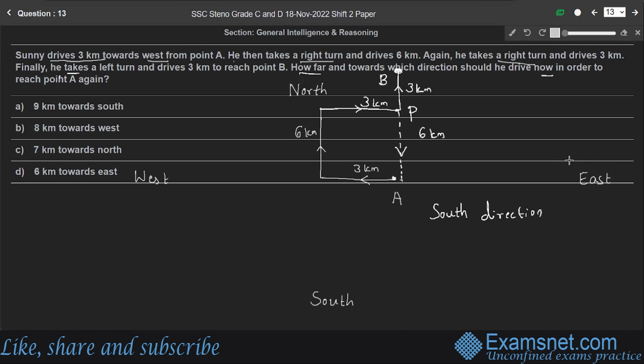From P to B, it is 3 kilometers. Therefore, B to A distance will be 3 plus 6 kilometers, which is 9 kilometers. Therefore, he has to drive 9 kilometers towards south. So option A.